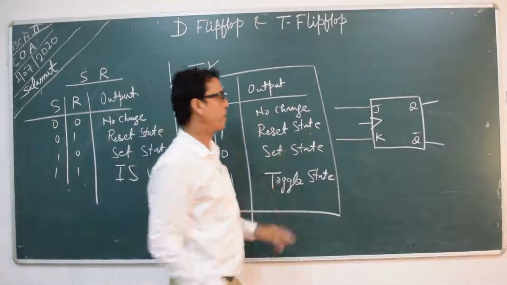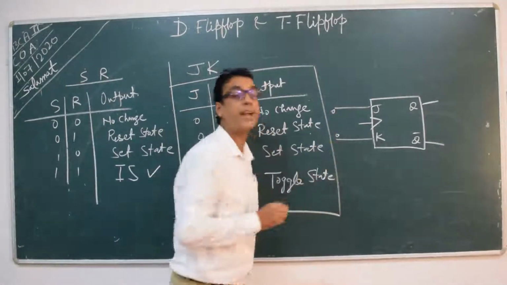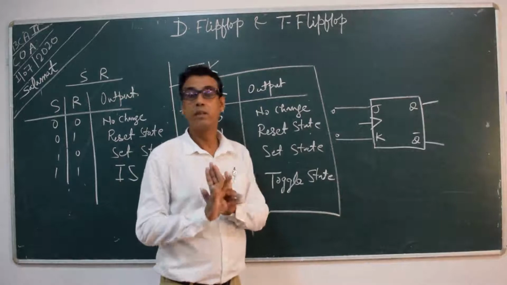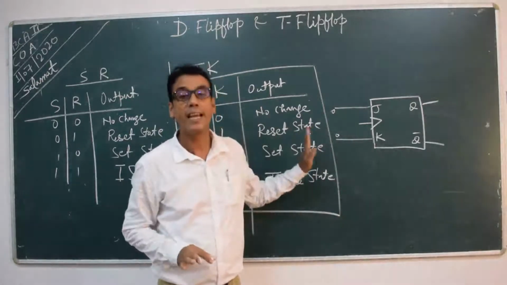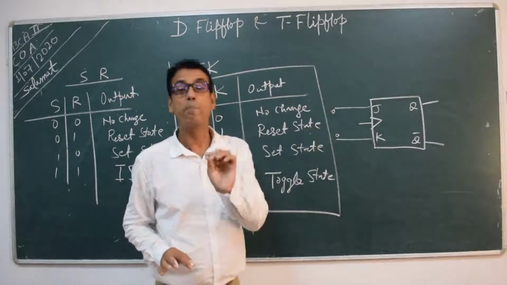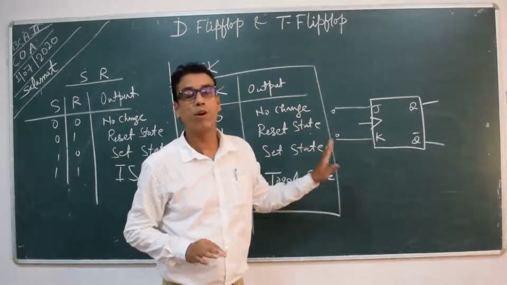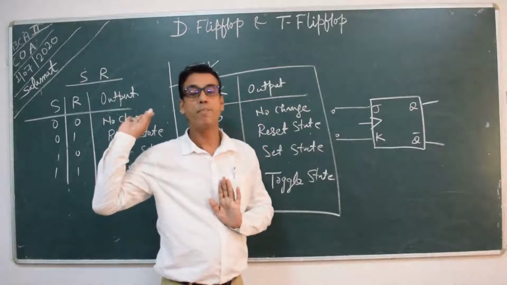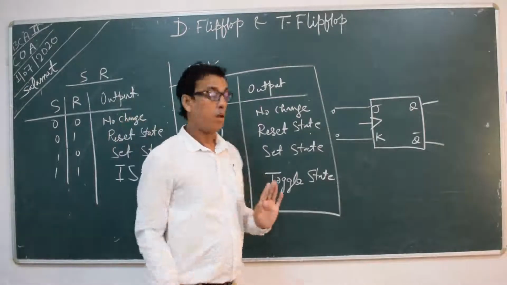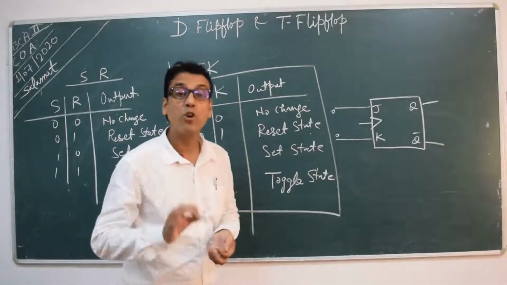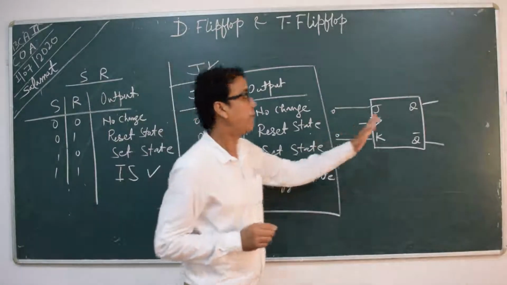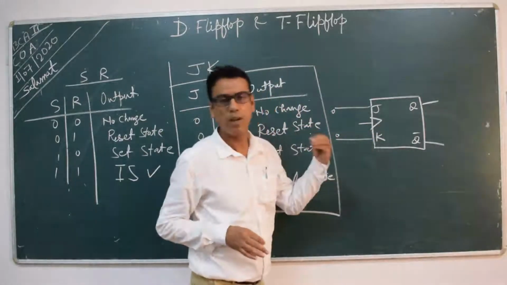See, putting 0, 0 here on J and K will make no change in the state of the flip-flop. In simple words, whatever the data is available inside the flip-flop, it will continue with the same data. Suppose we want to store 0 in this flip-flop, whatever is available inside.